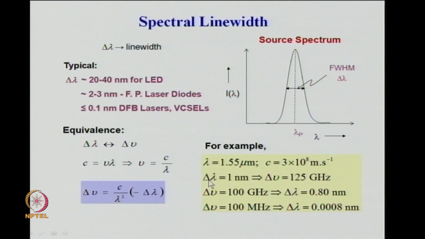Delta lambda is given by this formula, and if you take some numbers, for example in the 1.55 micrometer window of optical fiber communication, if you substitute delta lambda equal to 1 nanometer, that gives you 125 gigahertz, or alternatively you say delta nu is 100 gigahertz. Why have I put 100 gigahertz? Because 100 gigahertz separation is the ITU-T grid for WDM, DWDM systems.